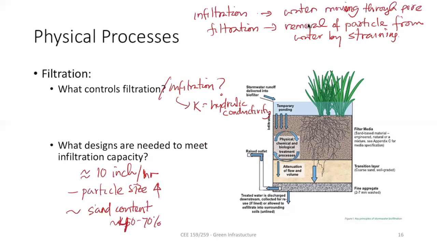Lots of times people don't really buy sand. What they do is they buy a sandy soil, for instance sandy loam. This is what people use for biofiltration system filter media.